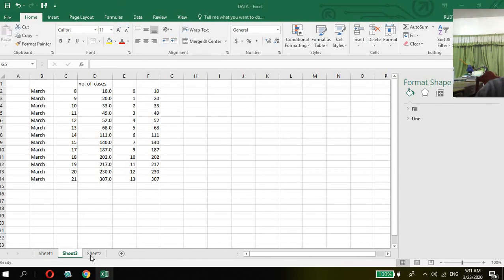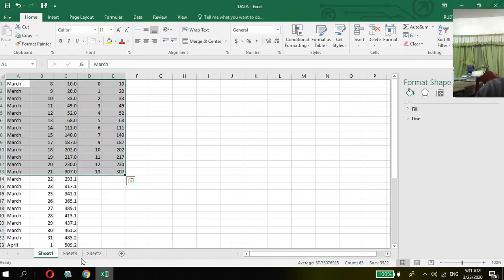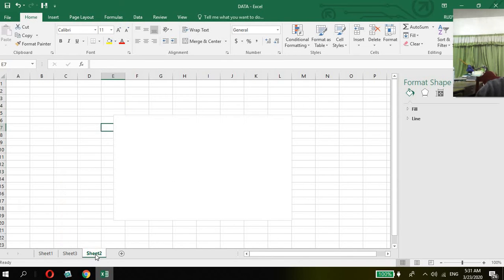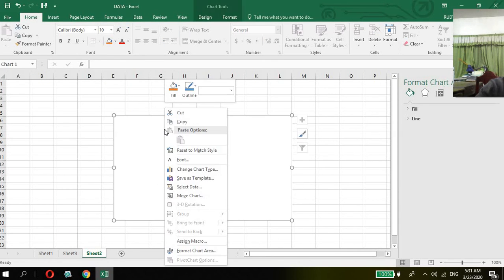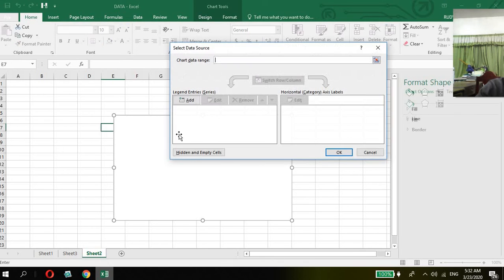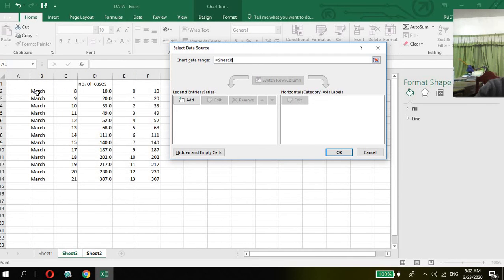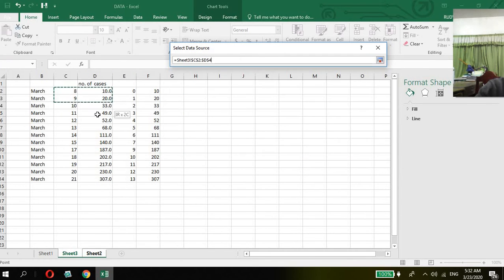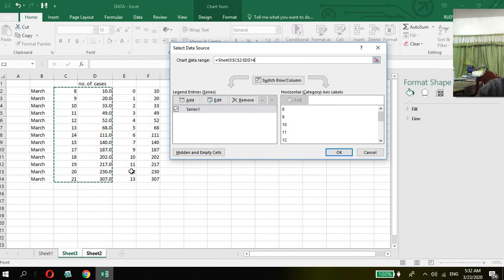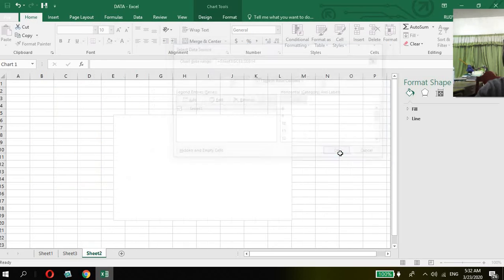So I have to look at the behavior of the data. For example, we have to graph. Select the data, and you have to select this data in here. And just click OK.